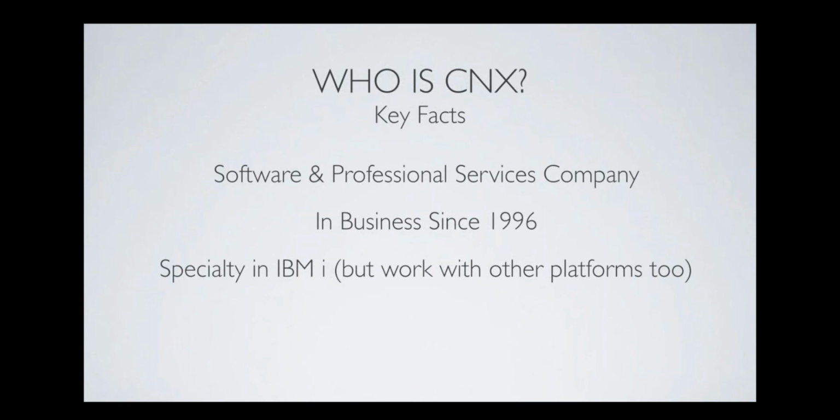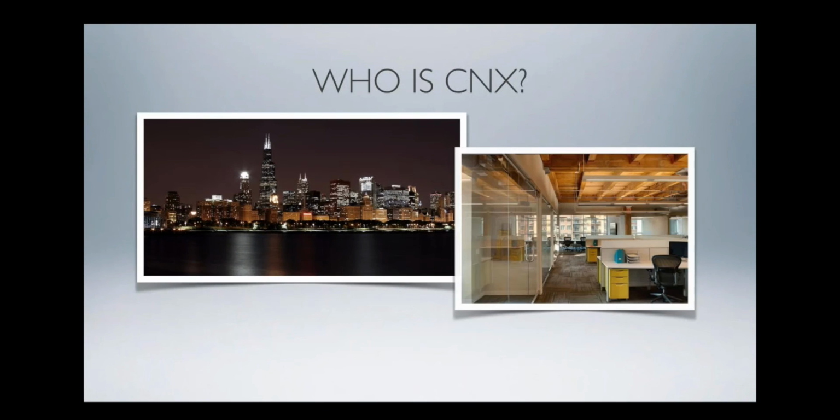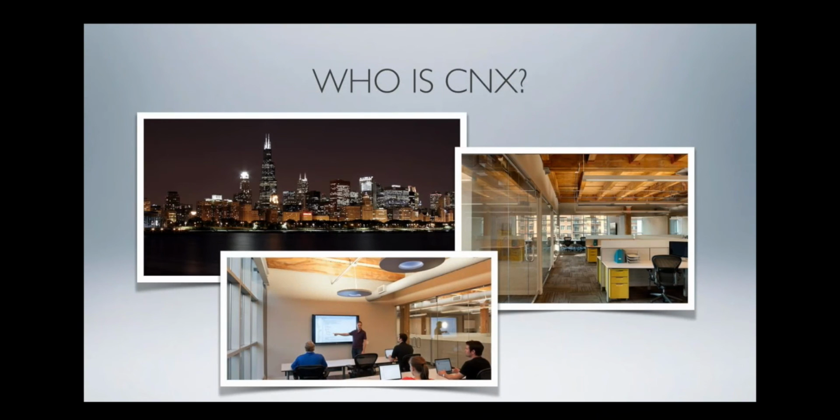So we have some cross-platform experience that we can bring to our work on IBM. Our staff is highly skilled in Sencha technologies, which is really just the fancy user interface part of Valence and what we do. We are based in Chicago, and there's a couple pictures of our office there.